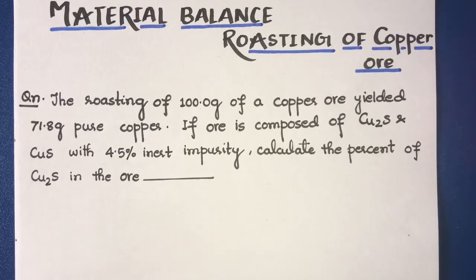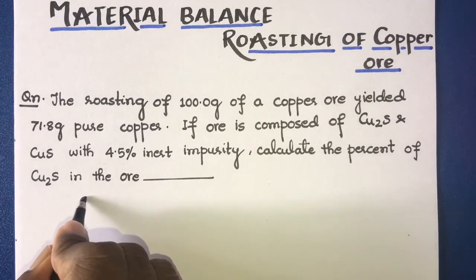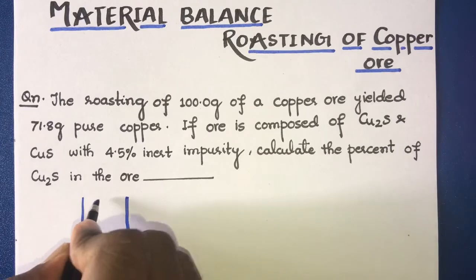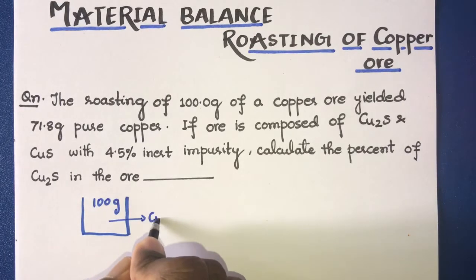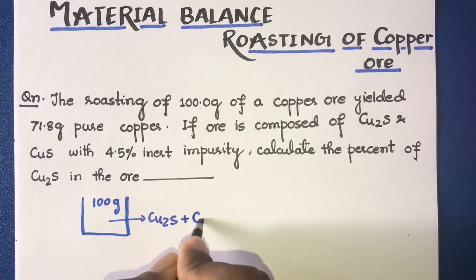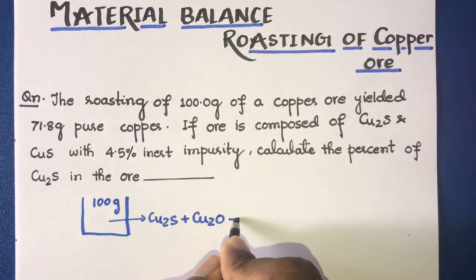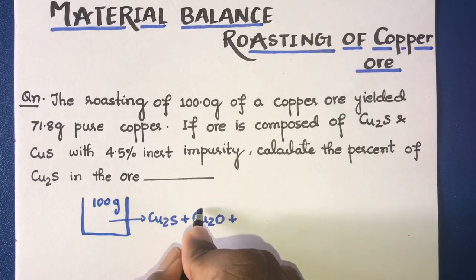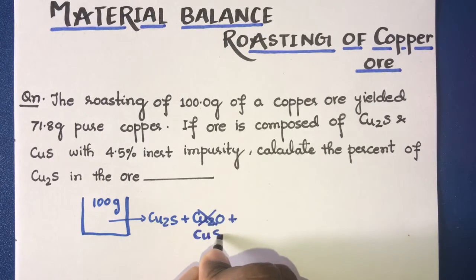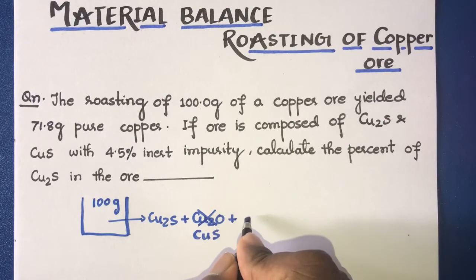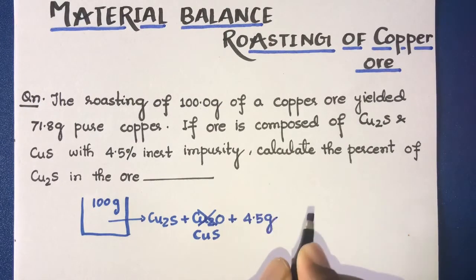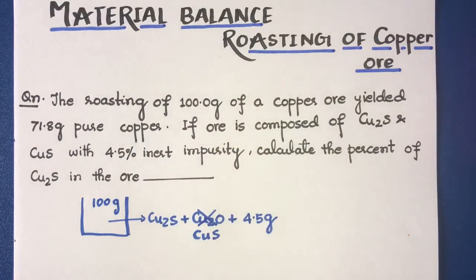So basically we have a 100 gram total sample, and in the 100 gram there is Cu2S as well as CuS, as well as 4.5% inert impurities, that is 4.5 grams, because the total is 100 gram.